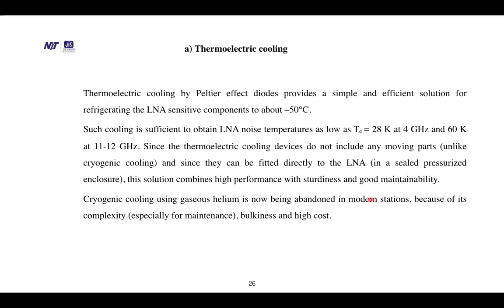Such cooling is sufficient to obtain an LNA noise temperature as low as Te equal to 28 Kelvin at 4 GHz and 60 Kelvin at 11-12 GHz.